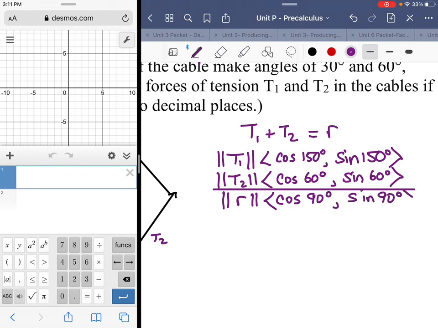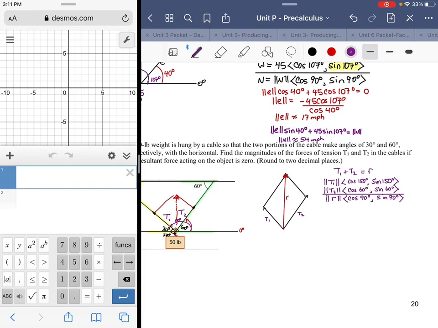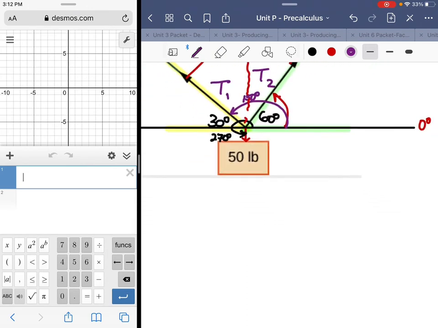So we're looking at a 90-degree angle. So cosine of 90, sine of 90. All right, because again, that has to balance out the 50 pounds in the negative direction. So if you kind of look at it and say, all right, well, what about that 50 pounds in the negative direction? And I say, well, what about it? All right, so let's take a look.